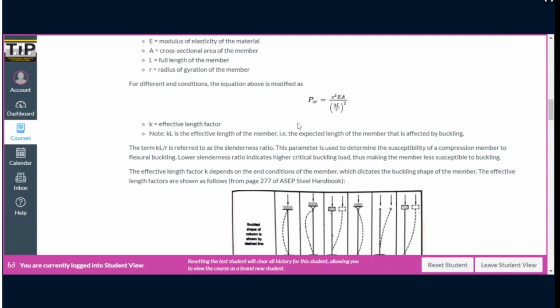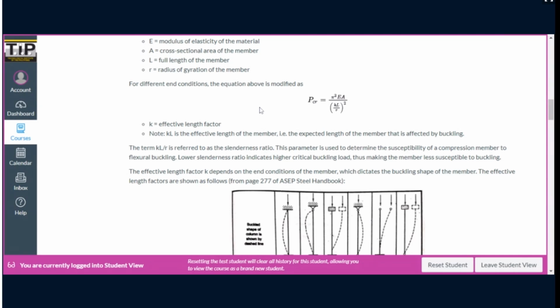So how do we actually design columns? Two ways. First, you maintain a short length for the column. Okay? So para mapababa natin yung slenderness ratio. The point here in designing columns is that you want the slenderness ratio to be as low as possible.